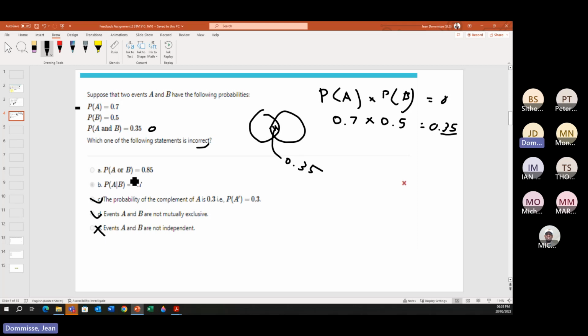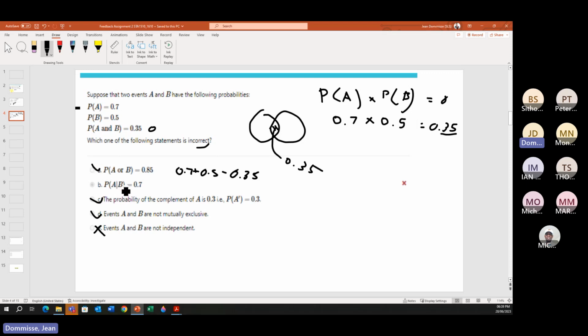Probability of A or B, so we will get it as 0.7 plus 0.5 minus 0.35. So 0.7 plus 0.5 minus 0.35 is 0.85. So that one is also correct.